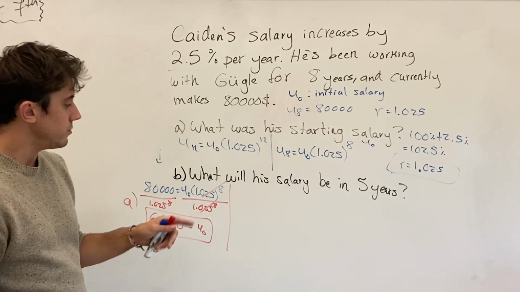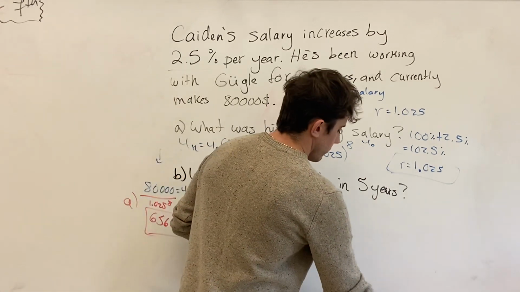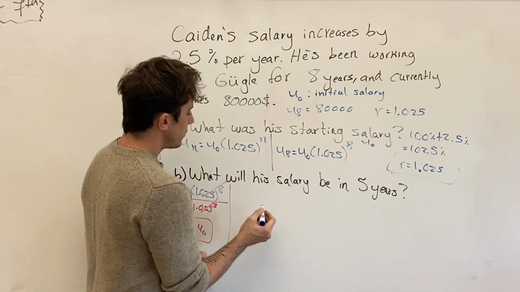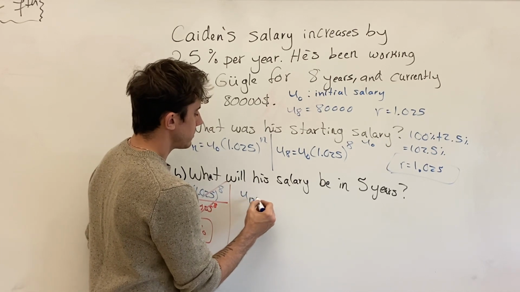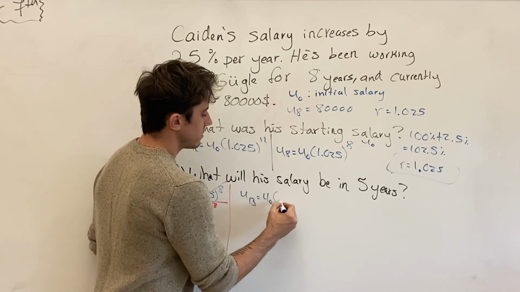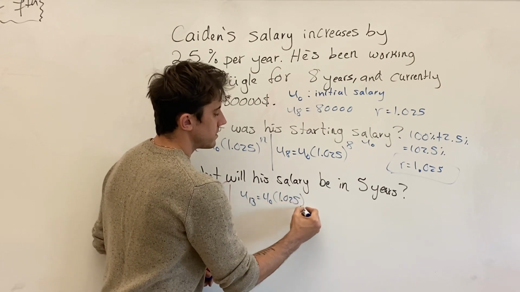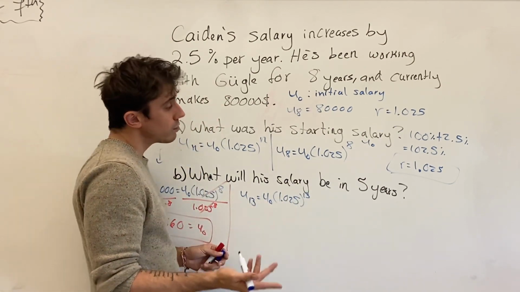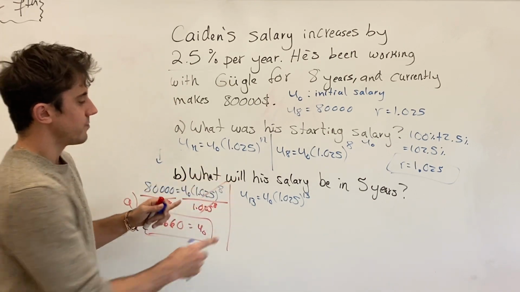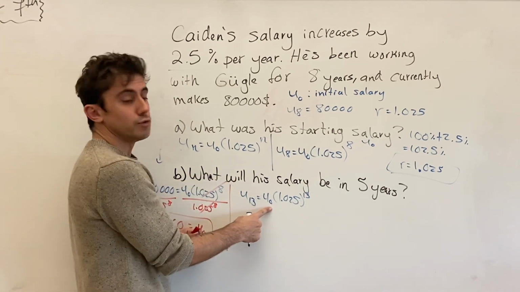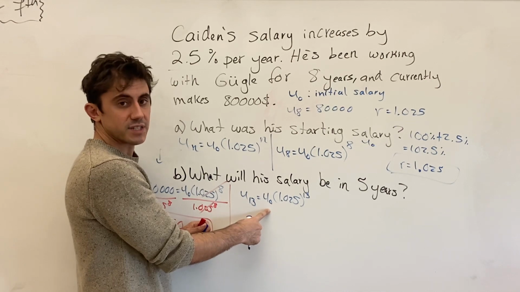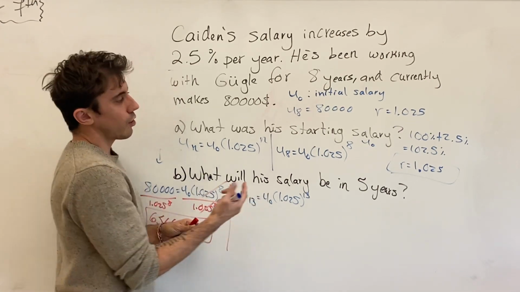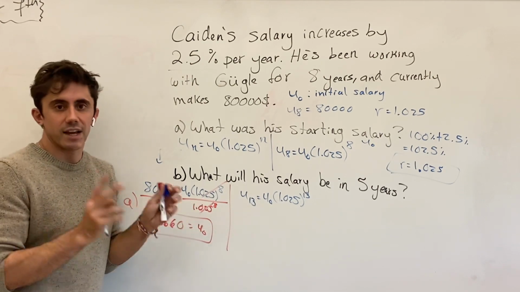Or we can use the general knowledge we have about geometric sequences. Writing U13 as U0 times 1.025 to the power of 13 is maybe the most straightforward way. But there's no specific reason why we need U0 to be the starting point. We can also have his 8th year salary as our starting point.